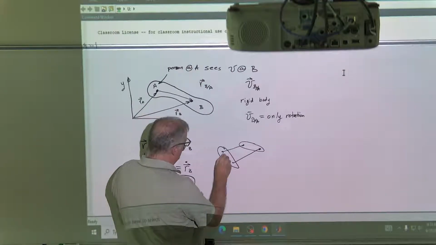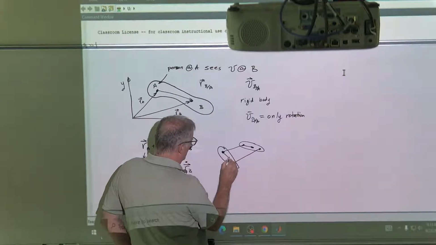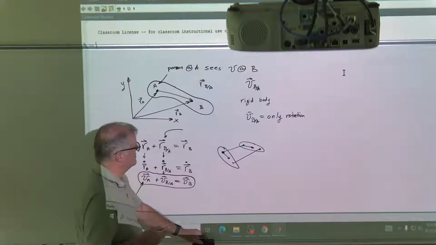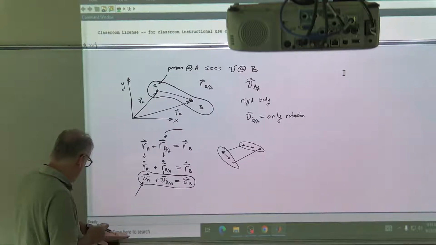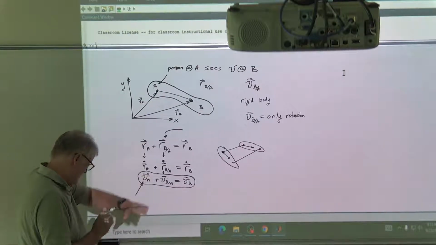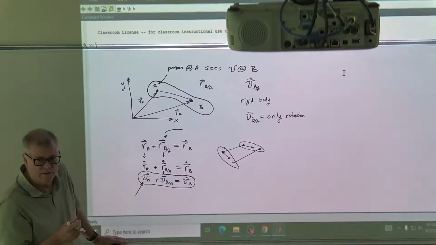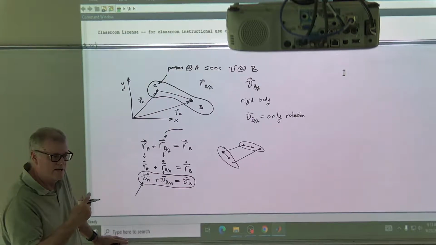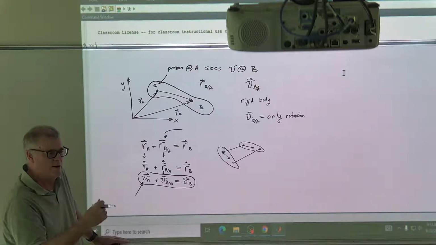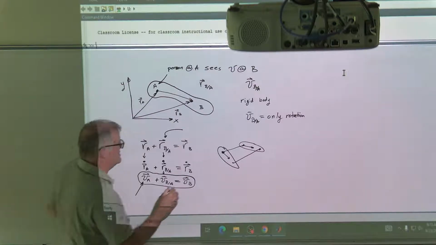But the person who sat here and looked at this would only see it rotating around. That confines things and makes it easier to deal with. Why are they rotating? Well, it doesn't have to be rotating, but if the body is rotating, that's all that person will see. They will not see a translation. So now they are translating.